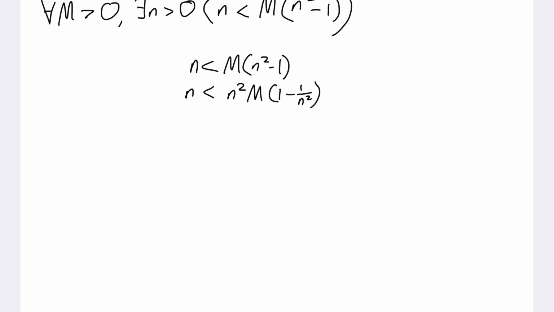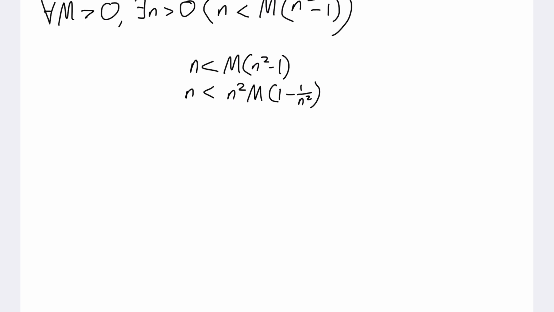So how are we going to turn 1 minus 1 over n squared into a constant? Well, obviously by making n into a constant. But we'll want to be very smart about how we do this.